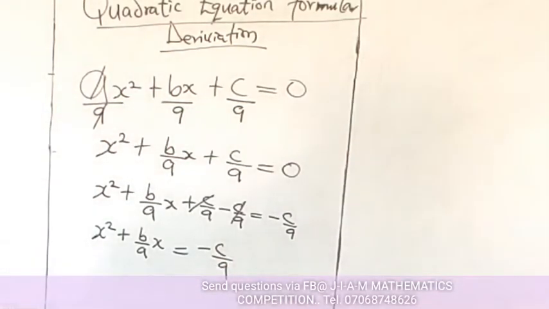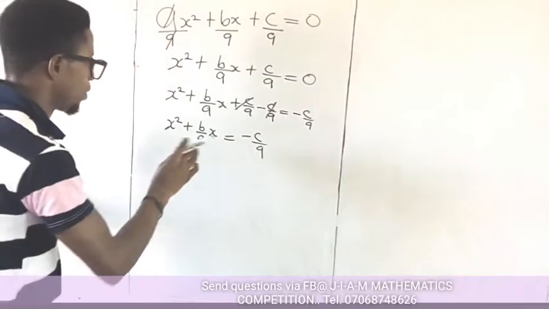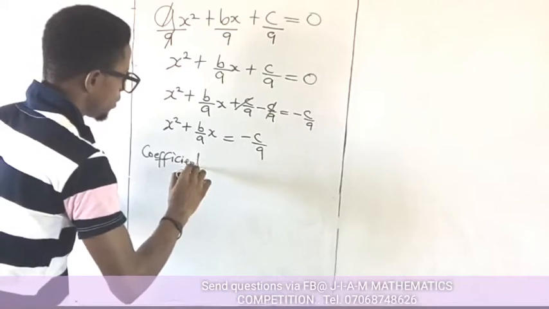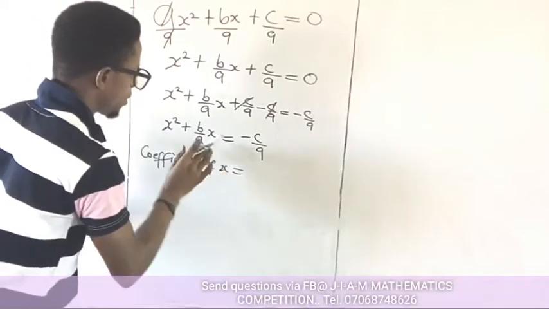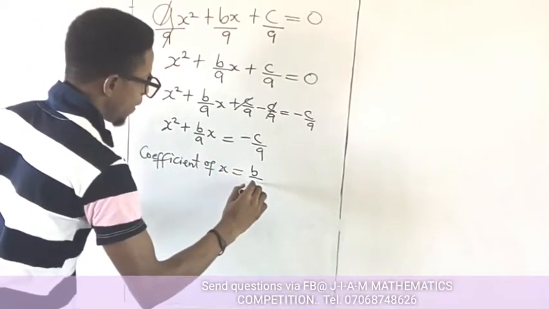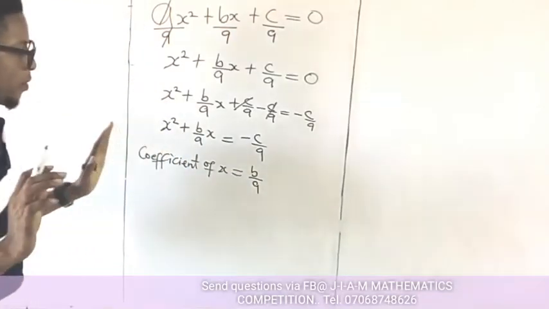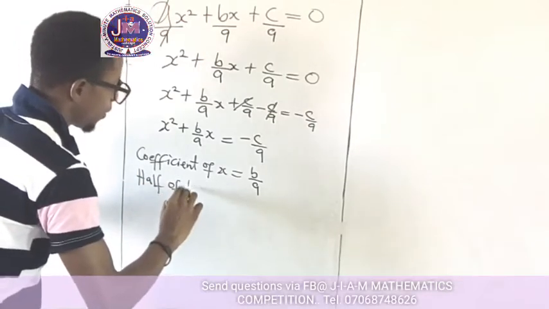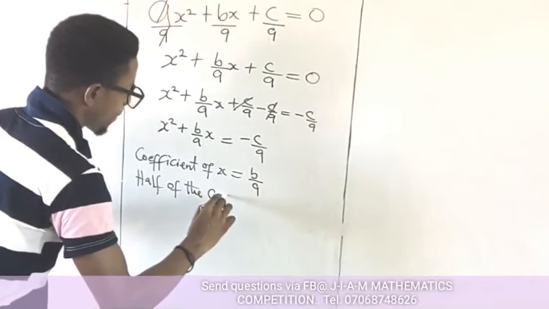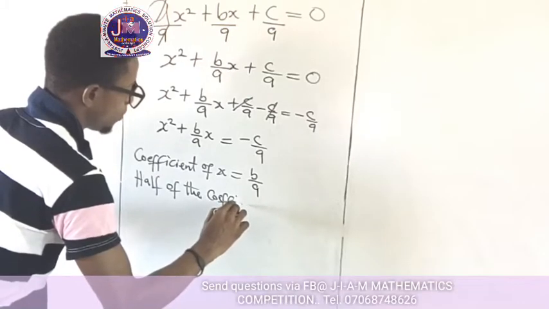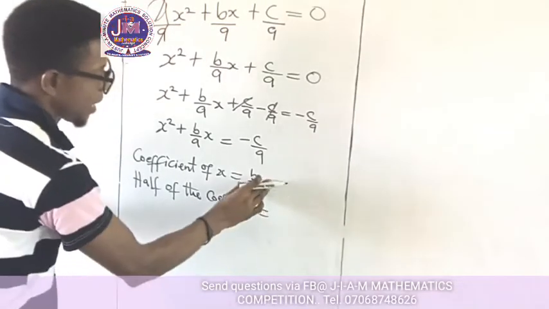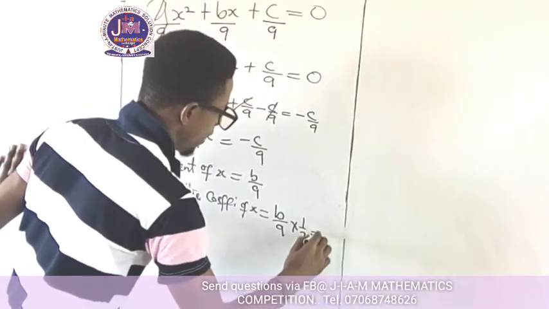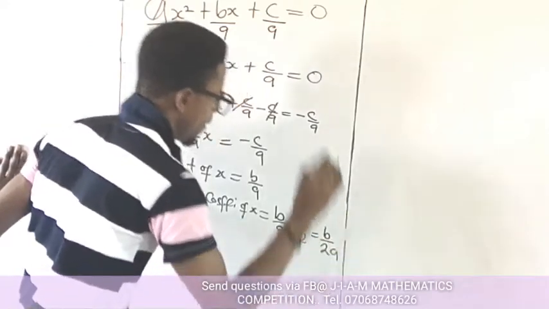Now, just like we did when we were treating the complete square method, we say the coefficient of x is b over a. The next thing is half of the coefficient of x. That's half of b over a, b over a times half, that's b over 2a.